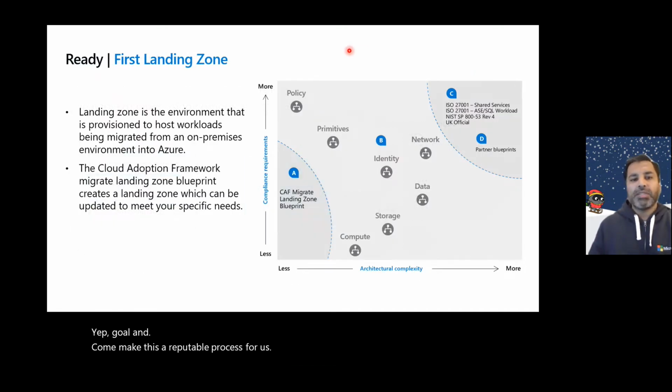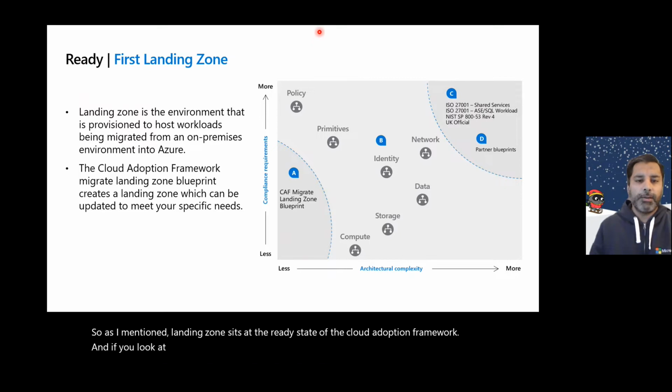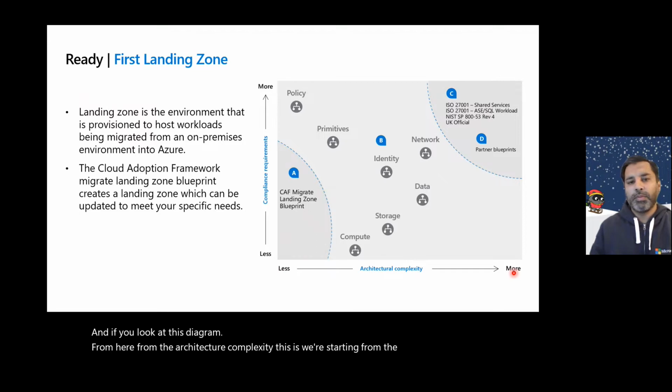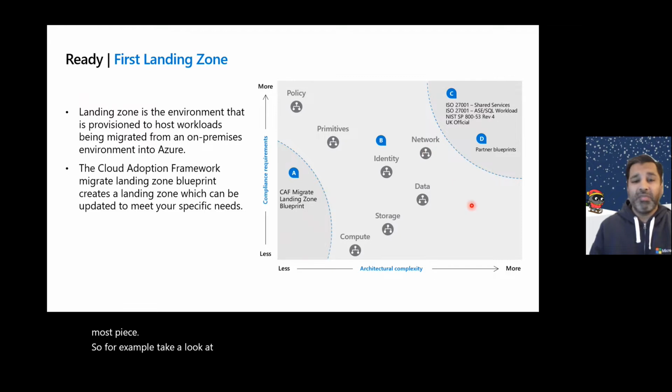So as I mentioned, Landing Zone sits at the ready stage of the Cloud Adoption Framework. And if you look at this diagram, from an architecture complexity standpoint, we're going from the least to the most complex. For example, take a look at networking. Networking can get very complicated very quickly.